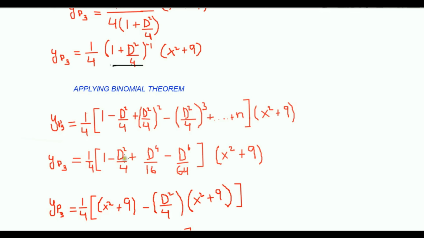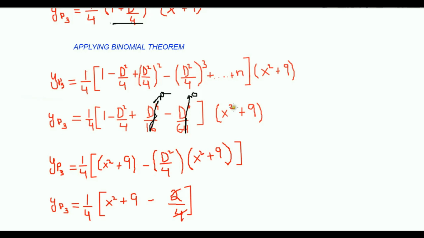As we know, the operator d is equal to the derivative d by dx. So the derivative of this equation is 2x, the double derivative of this equation is 2, and the triple derivative of this equation is 0. So the fourth derivative of this equation will become 0, and the higher derivatives will also become 0.